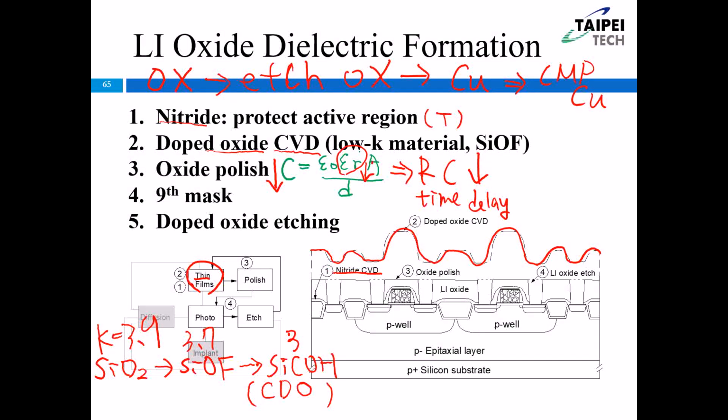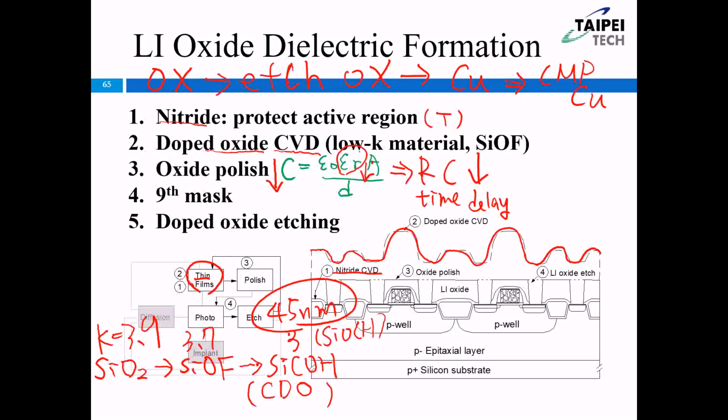And right now, the technology node is moving on to 45 nanometer, okay? So we use the carbon doped oxide, SiCOH. For me, I prefer to call it SiOCH, because it's much easier for me to remember, but it's not so accurate.